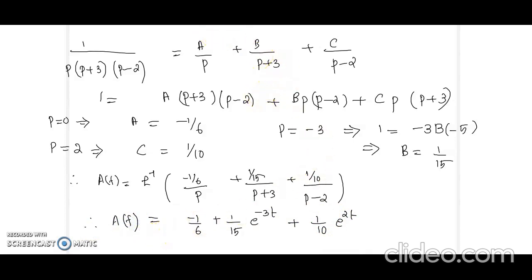Now use the formula. Now our f of t will be equal to 2 e raised to 3t. So if f of t is 2 e raised to 3t, so f dash of t will be 6 e raised to 3t.